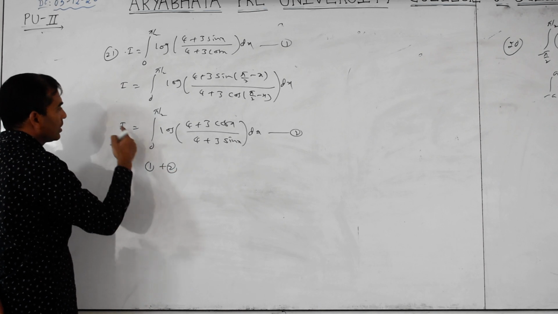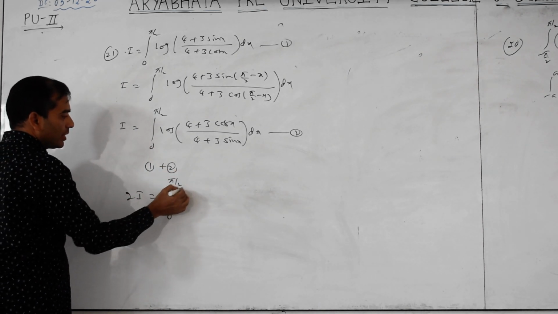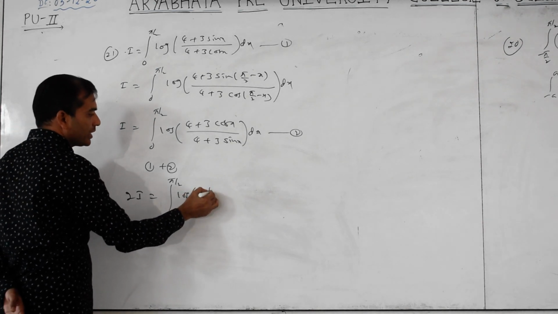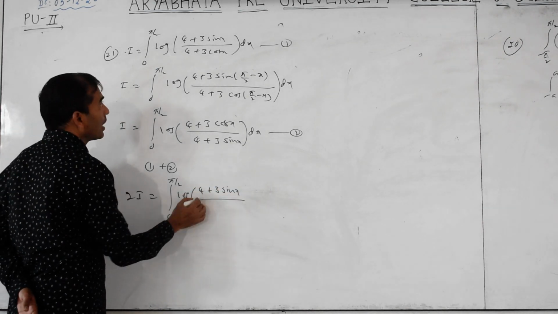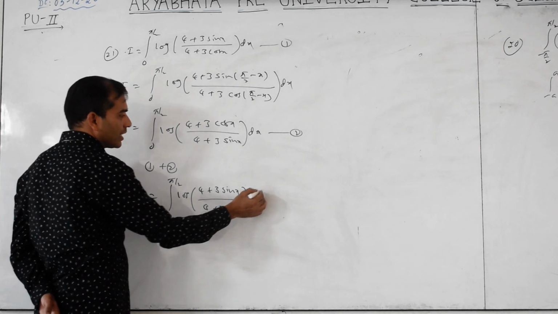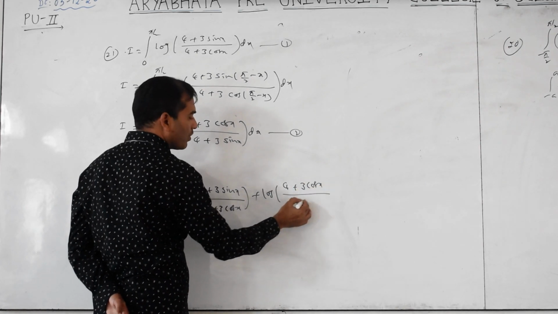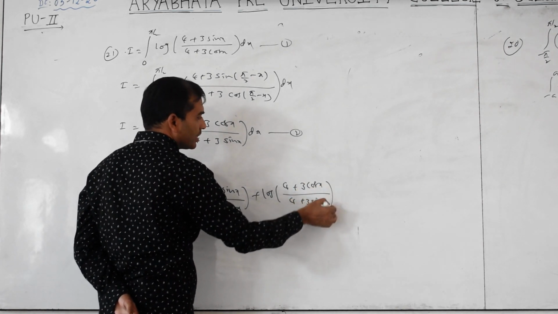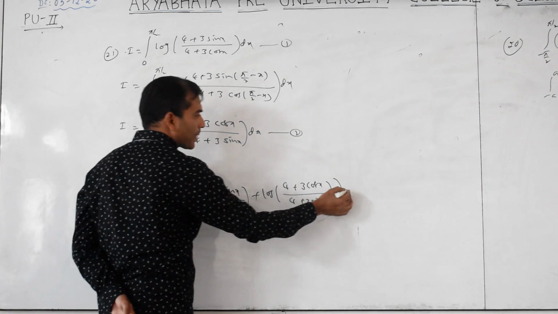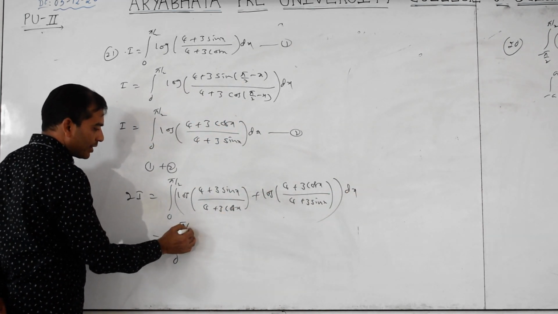Adding 1 plus 2: I plus I, 2I, equals the integral from 0 to pi by 2 of log of (4 plus 3 sin x) by (4 plus 3 cos x) plus log of (4 plus 3 cos x) by (4 plus 3 sin x) dx. Log m plus log n equals log of m into n.